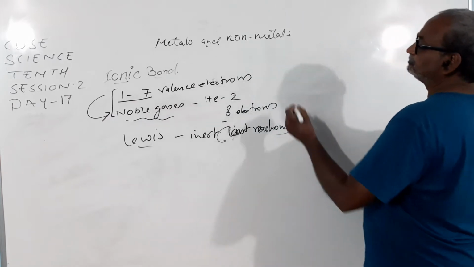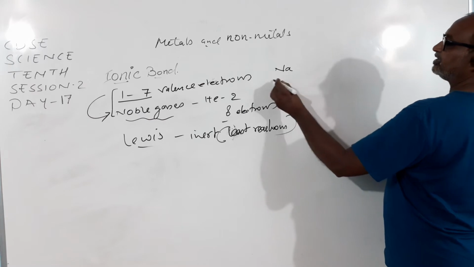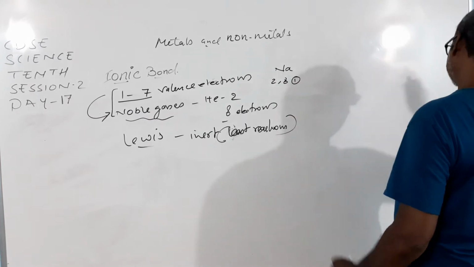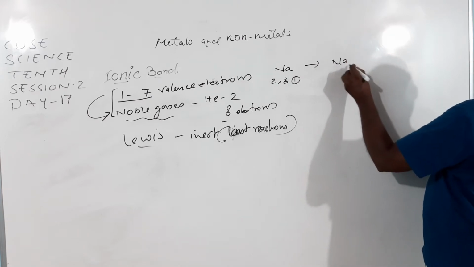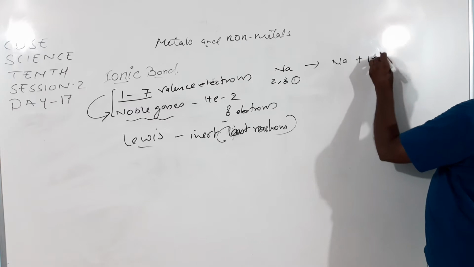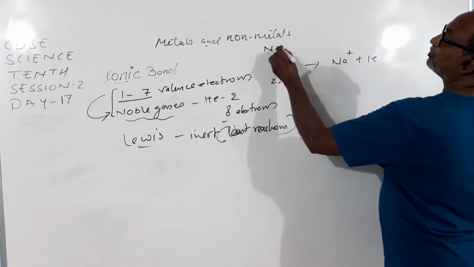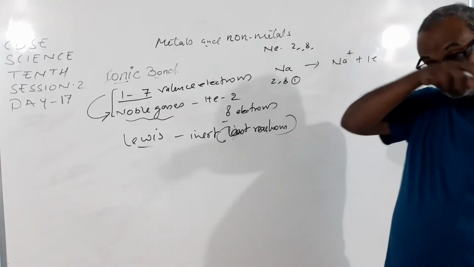For example, sodium with electronic configuration 2,8,1 has a tendency to acquire the stable configuration of neon, whose electronic configuration is 2,8.